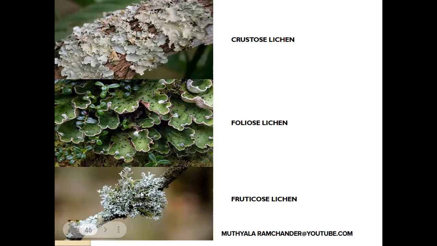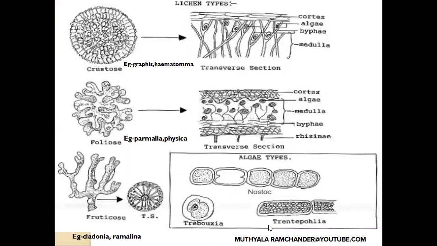Those aerial stalk-like branches are called fruticose lichens, with fruit-like structures of algae and fungi. So we observed these three types of lichen: crustose, foliose, and fruticose.